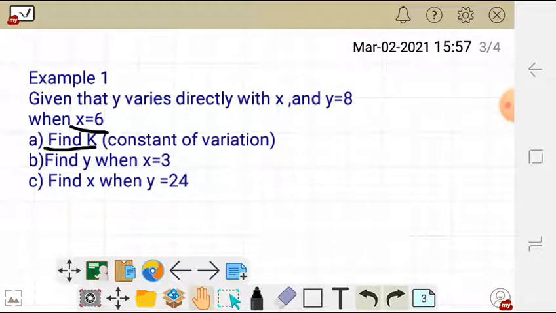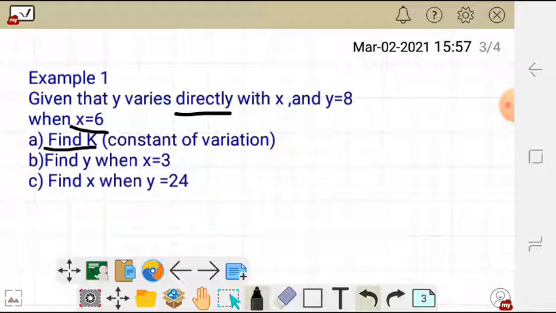Here I have an example for you. The first example says, given that y varies directly with x and y equals 8 when x is equal to 6. You will know what kind of variation you have been asked about by just looking at these terms: direct, joint, inverse, or partial.